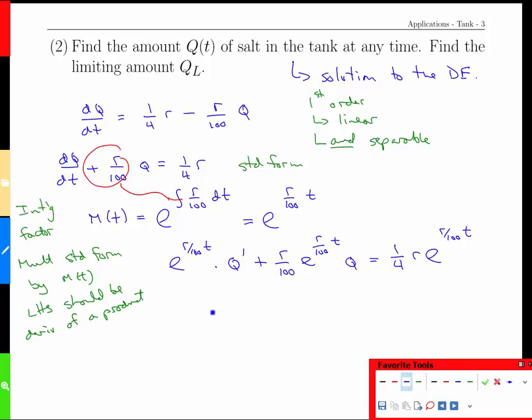We do in fact see that if we package this as the time derivative of e to the r over 100 t times Q, we get a Q prime and a Q. We'd have the e to the r over 100 t and the factor coming out from the derivative. And on the right hand side, nothing changes when we do that. We simply get the same right hand side, and then we can integrate.